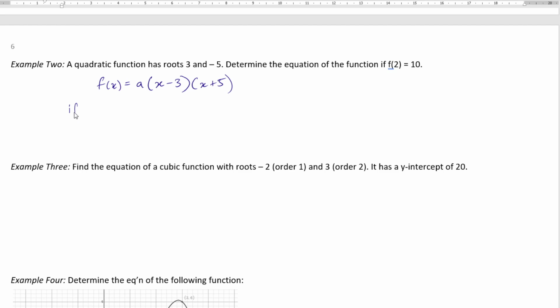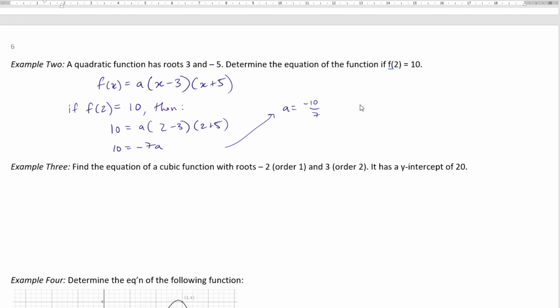So if f at the x value of 2 is equal to 10, then 10 is equal to a times (2 minus 3)(2 plus 5). 2 minus 3 is -1, 2 plus 5 is 7. So I would end up with 10 is equal to -7a, and therefore a is equal to -10/7.